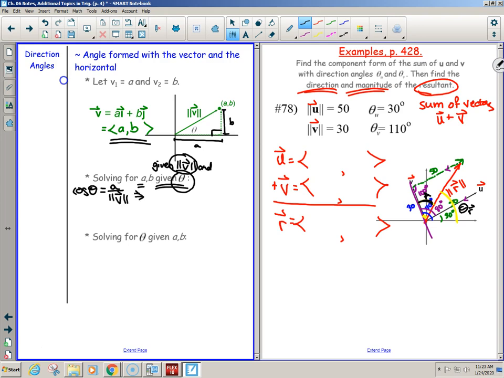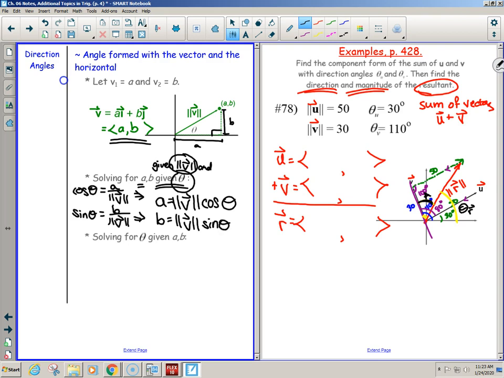So can't we say, we can always find A, given those pieces, magnitude and direction, by multiplying the magnitude times the cosine of the angle. And similarly, we can also do something with B, because it's an opposite over a hypotenuse, which means B is equal to magnitude times sine of angle.